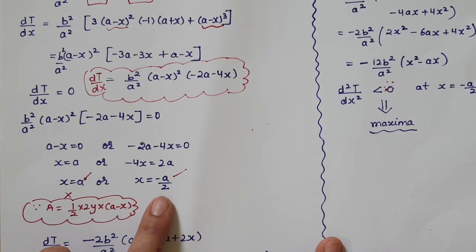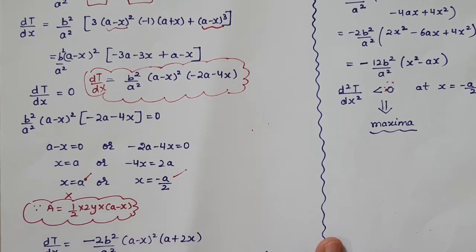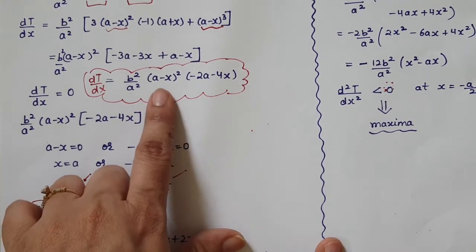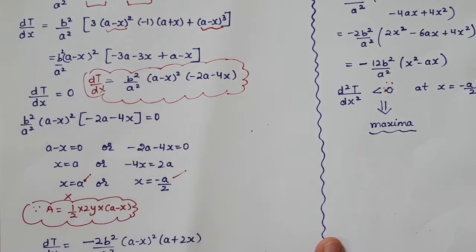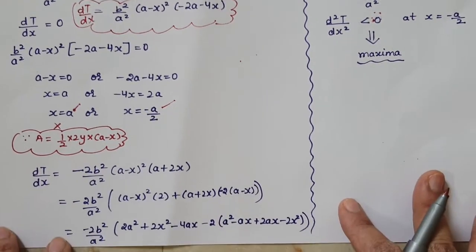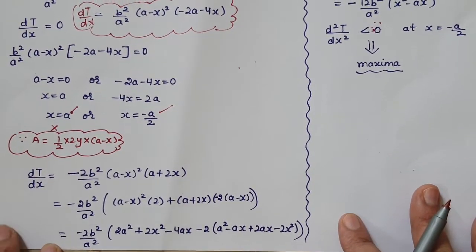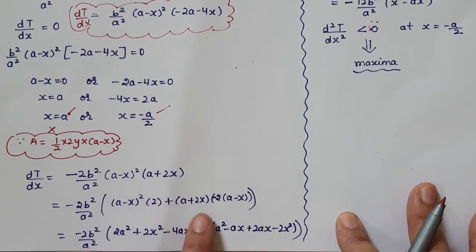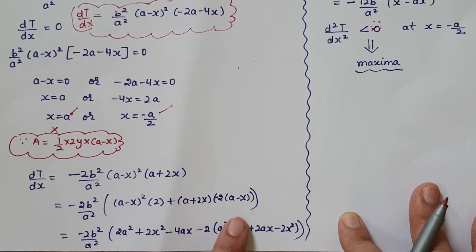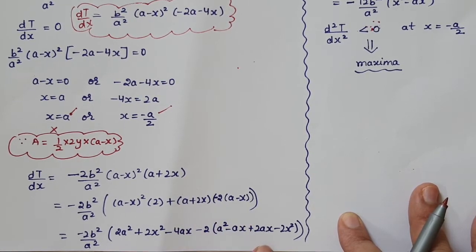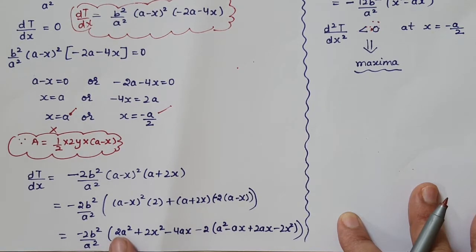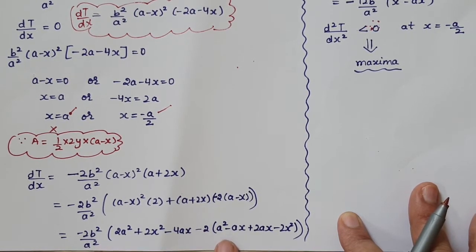Now what do we do? Put this in your second order derivative. That means first differentiate this and put x is equal to minus a by 2 in this second order derivative. If you are going to do that, these are the calculation steps which you can solve easily by applying your product rule. This is what you get after opening your bracket. Now open all the terms and cancel out whatever you can.